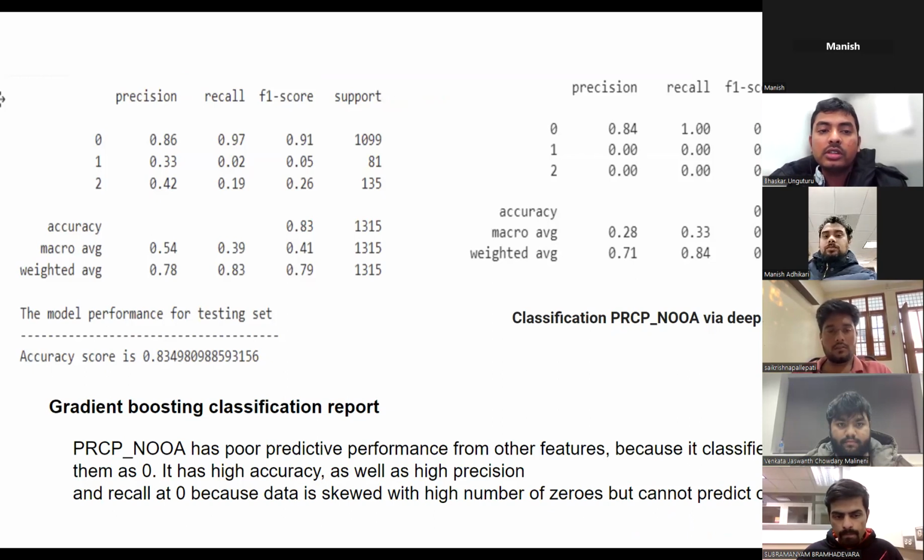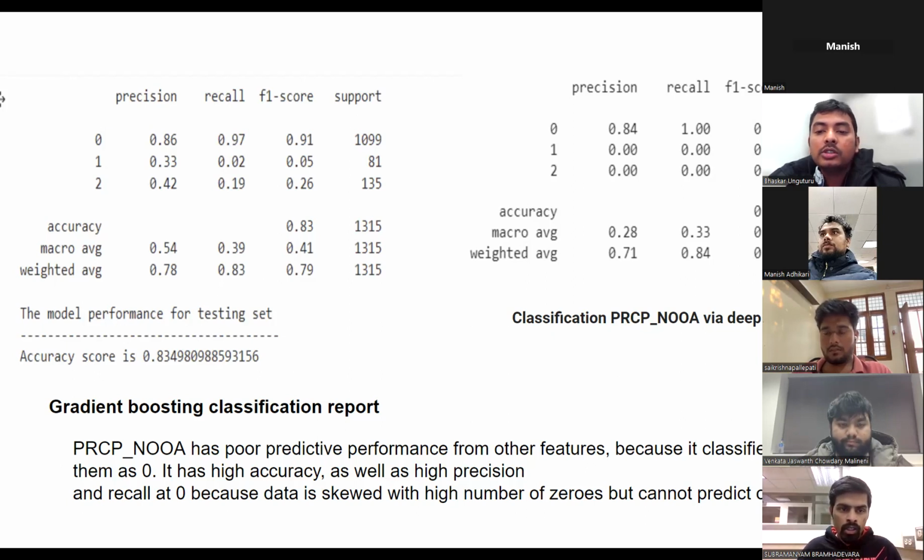If you see this slide, this is the classification report for the best model, the gradient boosting classifier. It is not performing well. For class 0, it performs well, with the highest scores, precision and recall of 0.86 and 0.97. But for class 1 and class 2, it is very low.